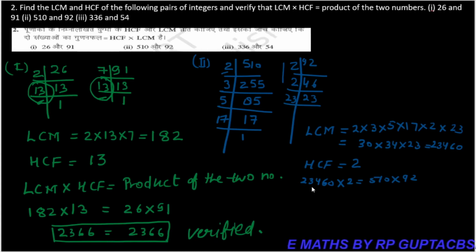If I multiply, it will become 46920. And it will also become 46920. So now it is verified.